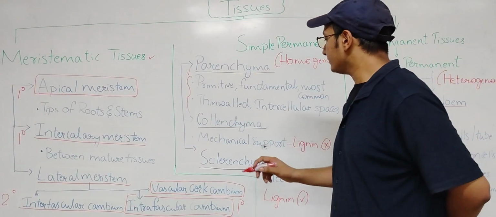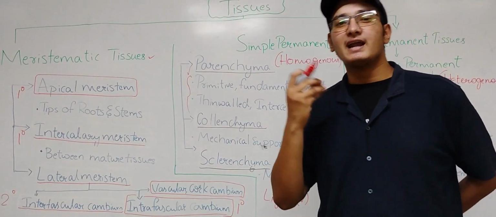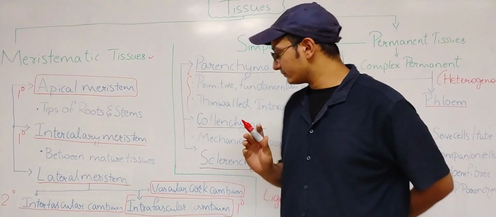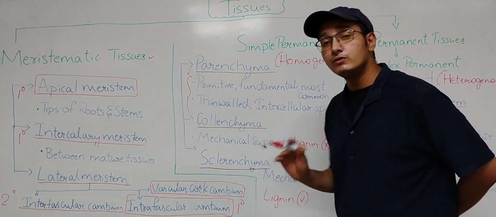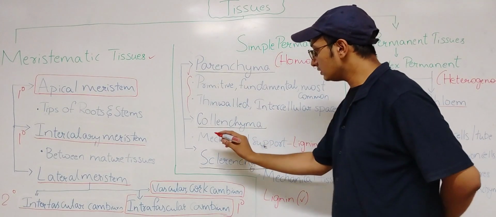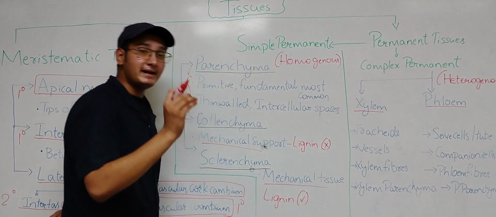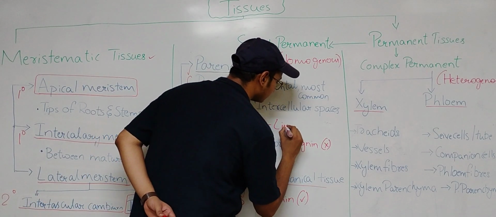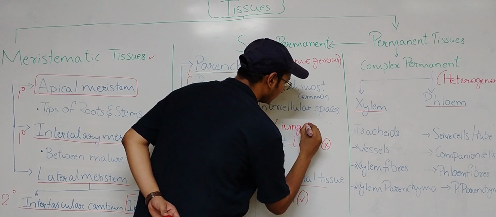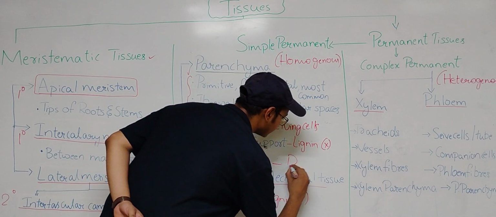And coming to collenchyma, let's compare them. If we compare them, we can understand and remember for a long time. Collenchyma and sclerenchyma, both of them are for mechanical support. But the main difference between them is that collenchyma are living cells, but sclerenchyma are dead cells.